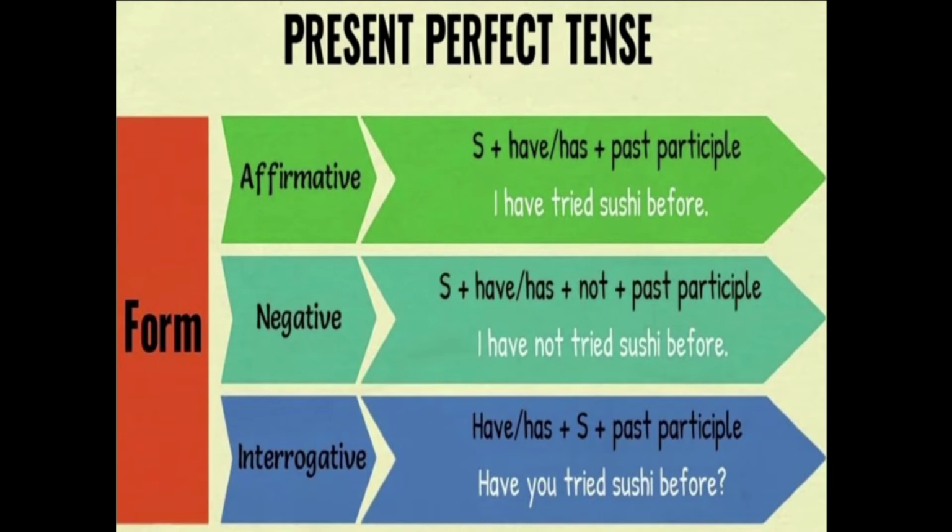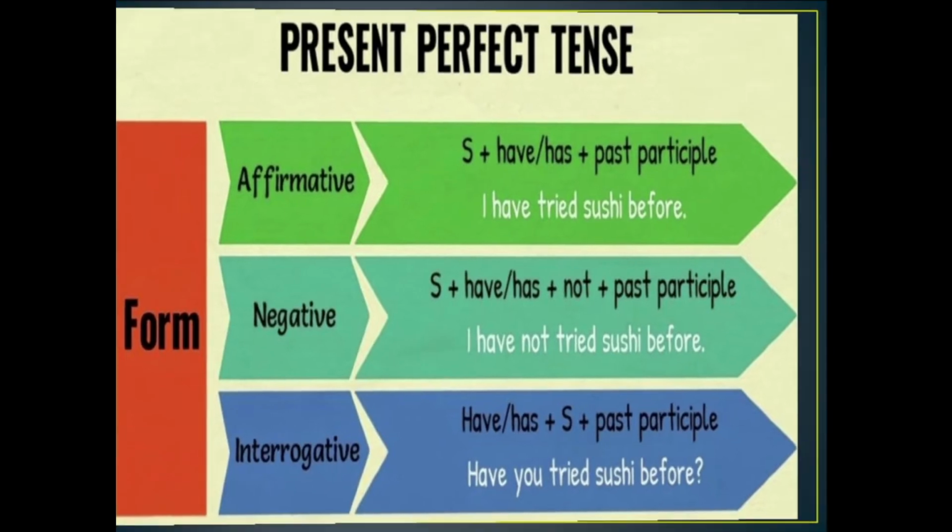So keep in mind how you change a positive sentence into negative. It should be subject, helping verb, and right after that, make sure you add not. Interrogative starts with the helping verb: has or have, plus subject, plus past participle. Have you tried sushi before? So for questions, we start with the helping verb, followed by the subject.